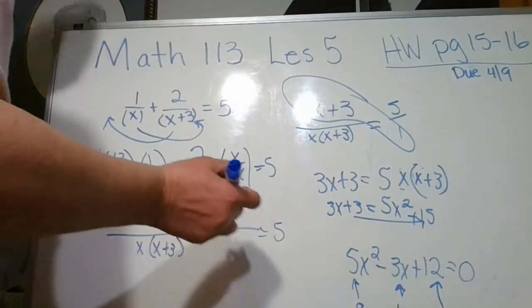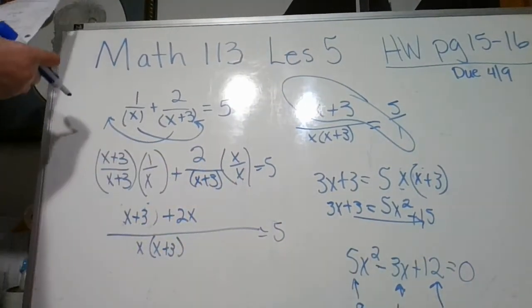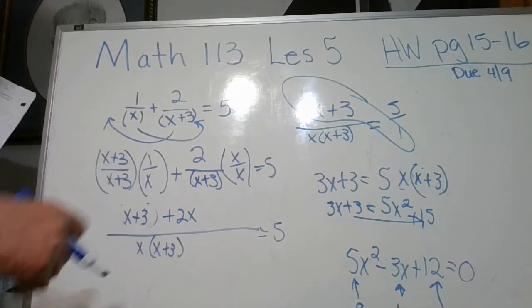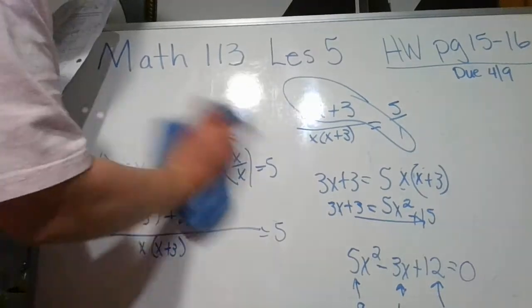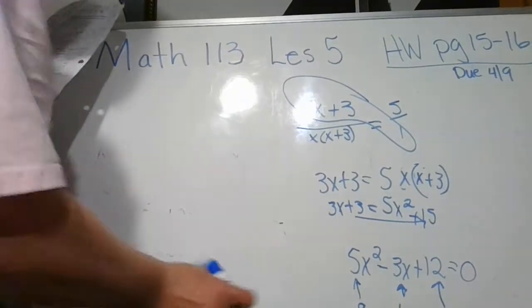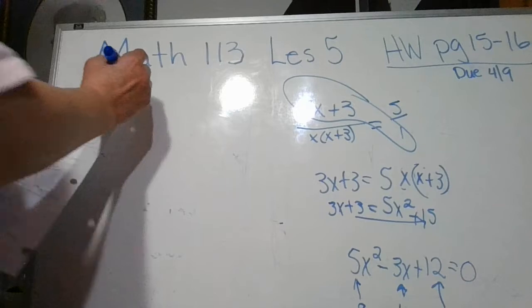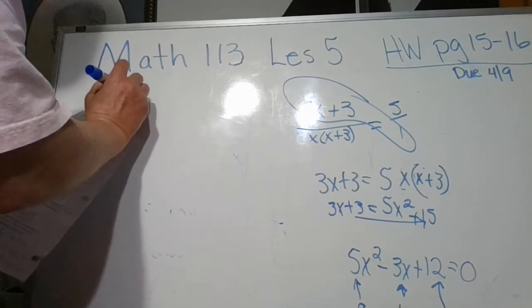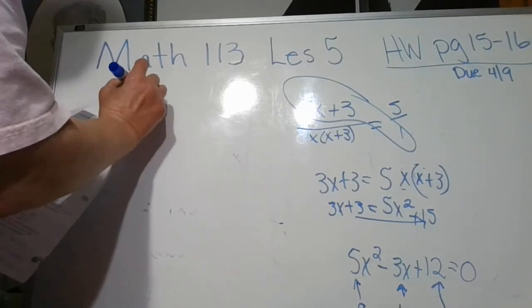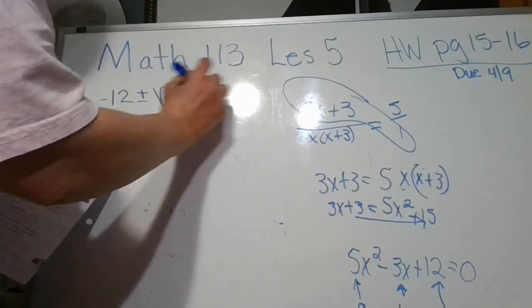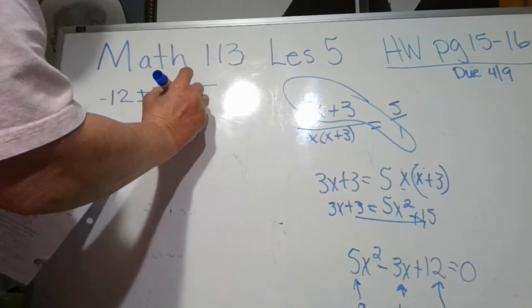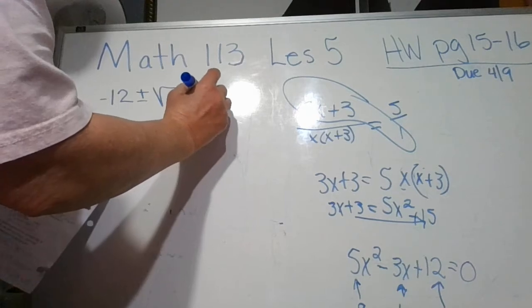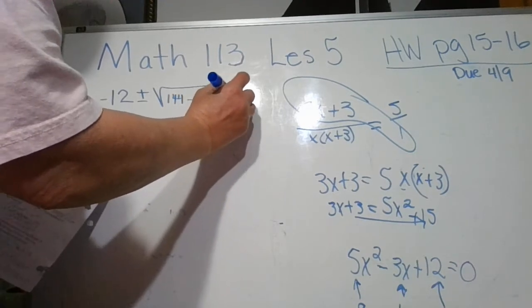And when you put that in a quadratic equation, I'm going to come back over here because it's a little bit lengthy. You'll have negative b, which would be negative 12, plus or minus the square root of 144, which is 12 squared, minus 4 times 5 times negative 3.